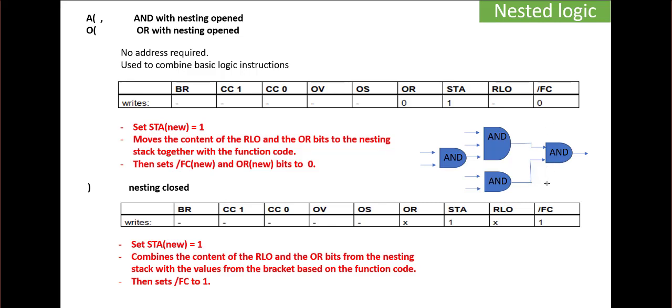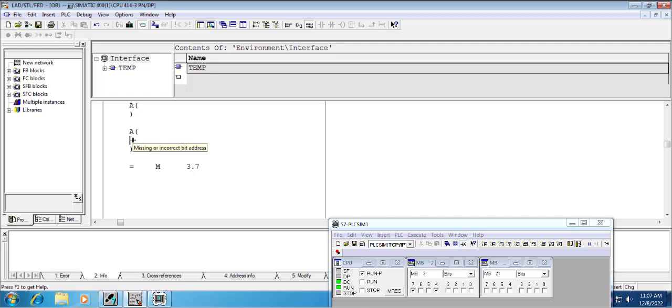Inside the part, we have to provide our two inputs. So let's start with the second input. The second input contains the ANDing of two inputs, and as we said, they will be M3.4 and M3.5. We have to first add M3.4 and another basic AND instruction of M3.5.